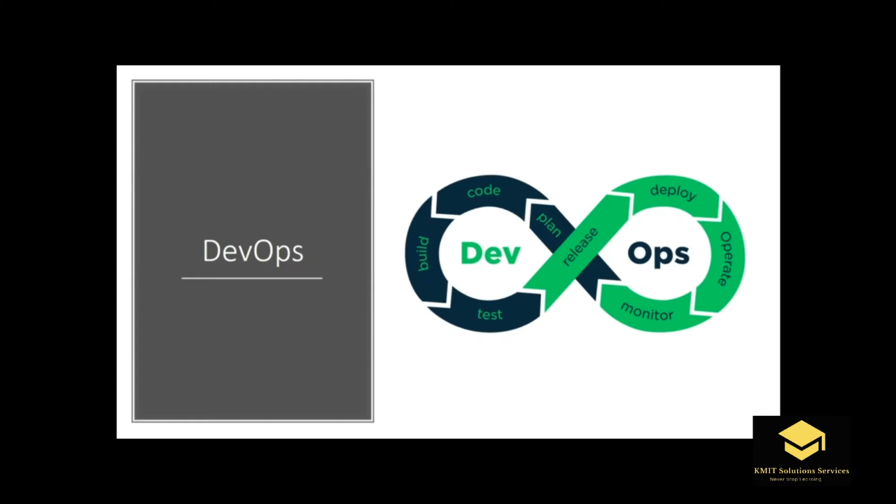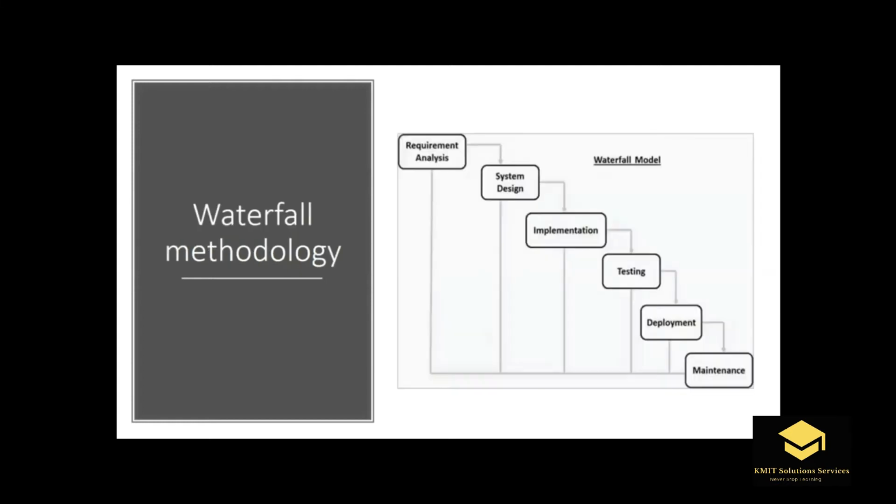But before DevOps, different methodologies were used for the software development lifecycle. One of them is the waterfall model. The waterfall model was the first process model which was introduced. It is very simple to understand and use. In the waterfall model, each phase must be completed before the next phase can begin.